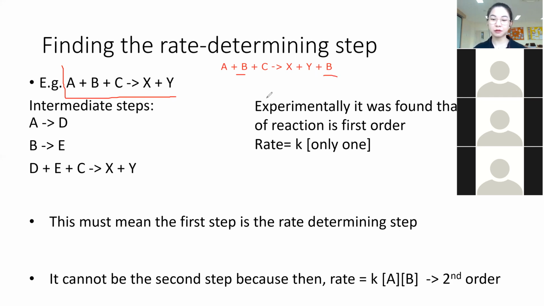So that means B is the catalyst. But be careful. Maybe B isn't even reacting. A catalyst is by definition something that doesn't change when it reacts. So normally it's not even written in the equation. It's on the side, like H plus.